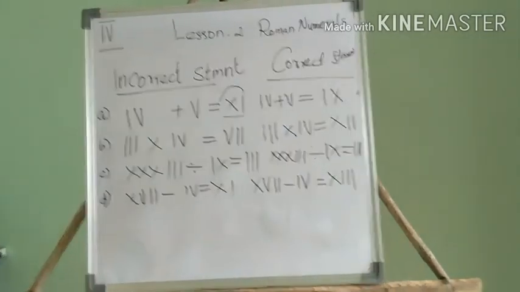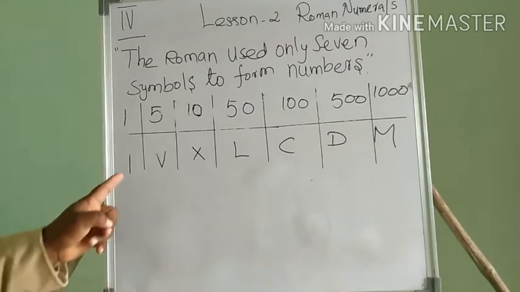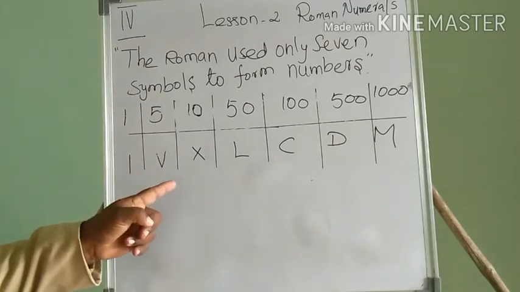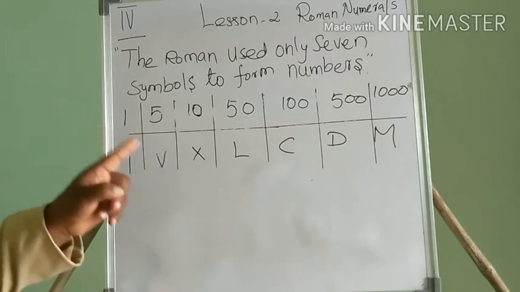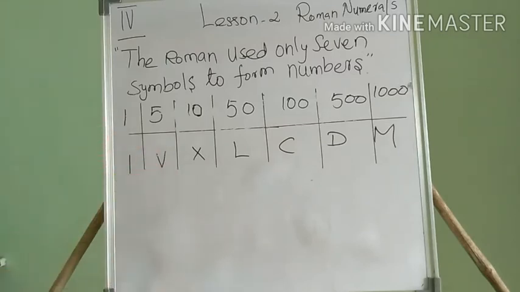Okay students, let me see another example. The Romans used only 7 symbols to form numbers. These are the 7 Roman numerals. We can form different kinds of numbers using these Roman numerals.